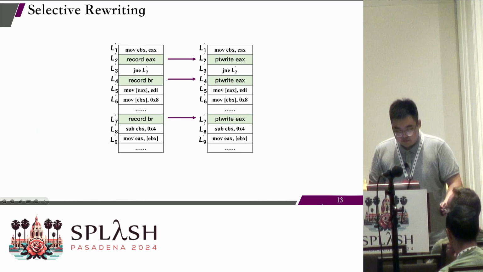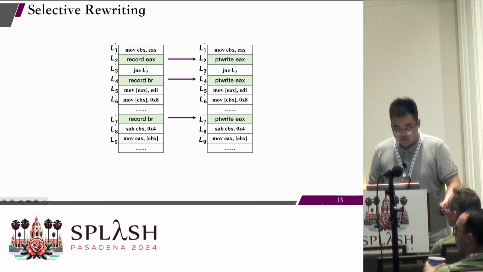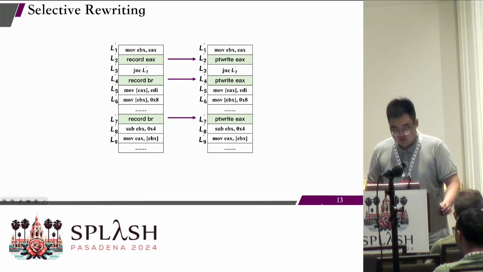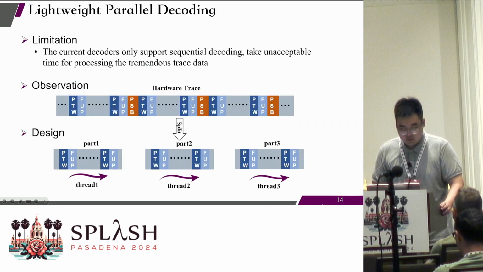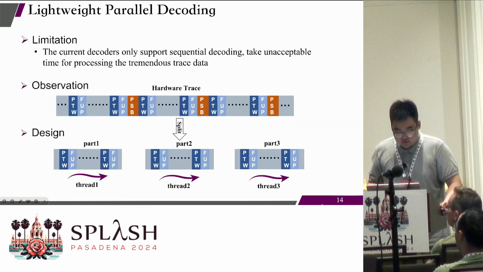And after identifying the points that need to be traced, we perform a selective rewriting of the binary. This allows the hardware to selectively trace the taint information we are interested in. Here we use the PTWRITE instruction provided by Intel PT to record the required register values. And since the trace data of Intel PT is highly compressed and cannot be directly used for analysis, a decoder is required to recover the taint information.